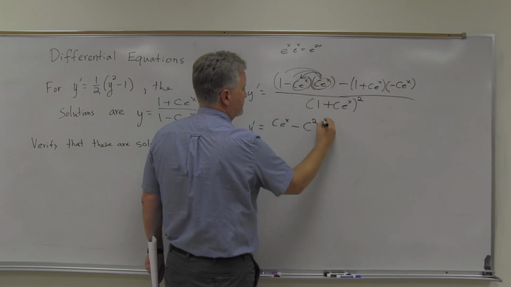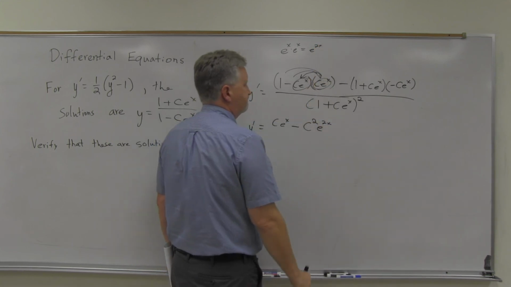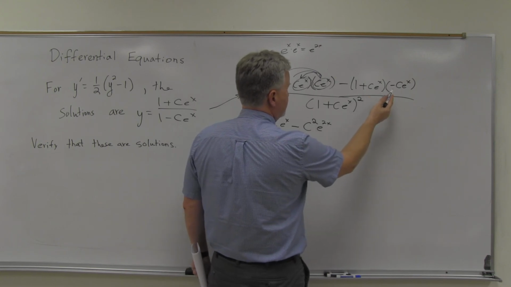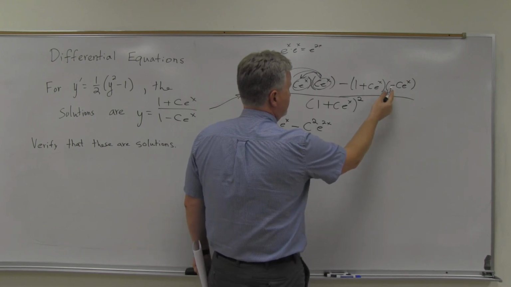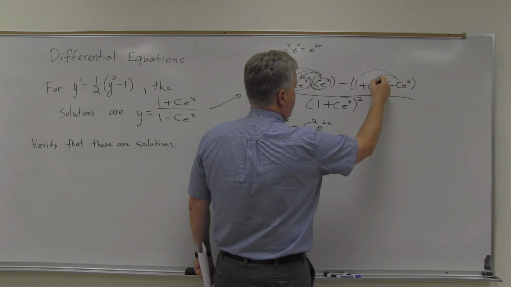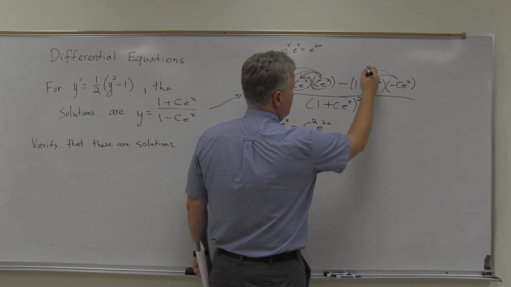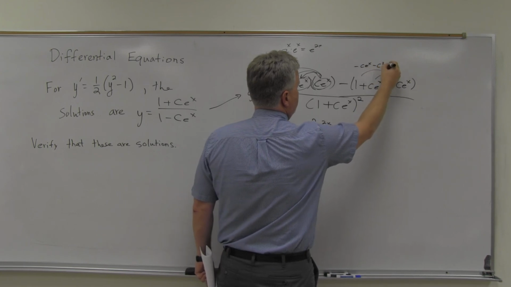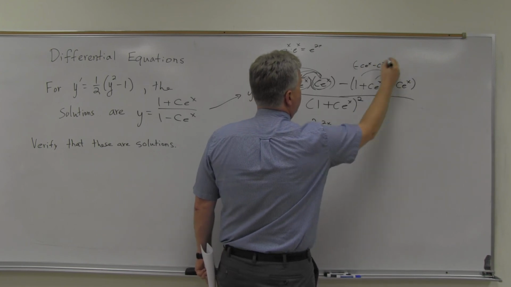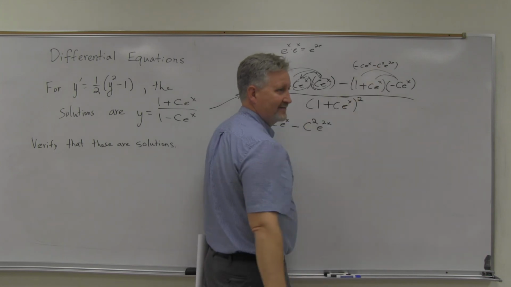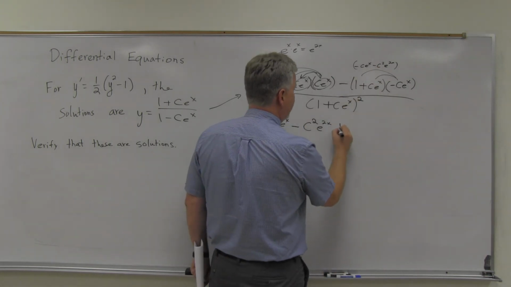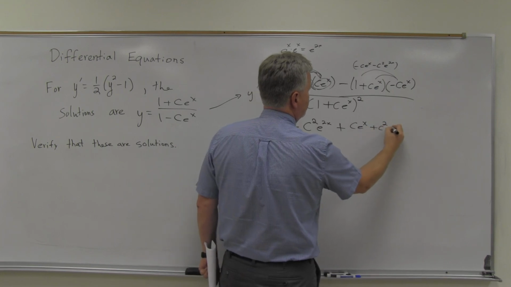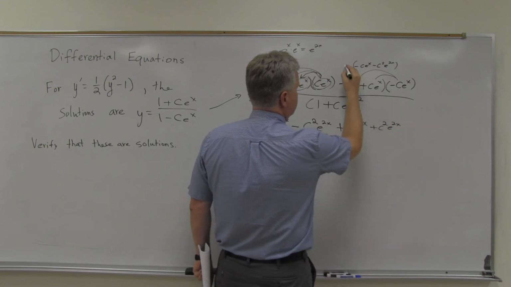So it's c squared e to the 2x. Pretty much the same thing happens here. Distribute that, and that'll be minus c e to the x minus c squared e to the 2x. But it's minus that, so we wind up with plus c e to the x plus c squared e to the 2x.